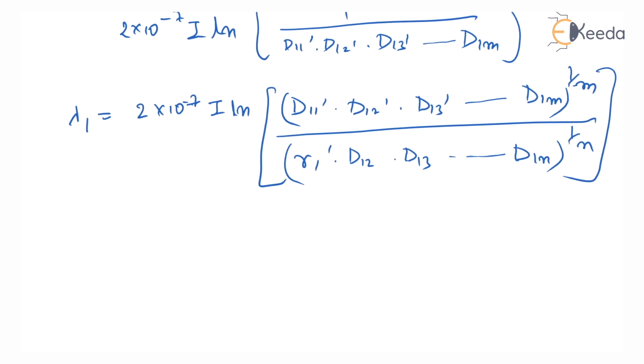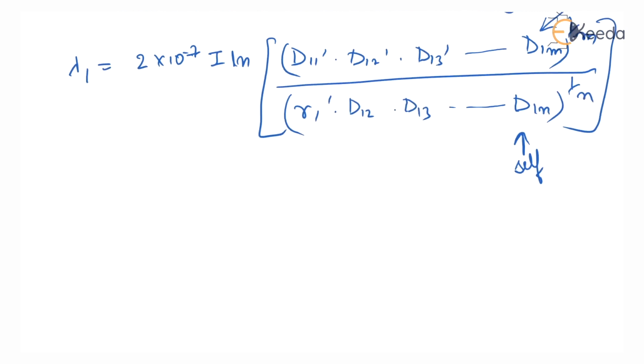So this is due to the mutual distances, and this is due to self distances. Similarly, this is the flux linkage for conductor 1.